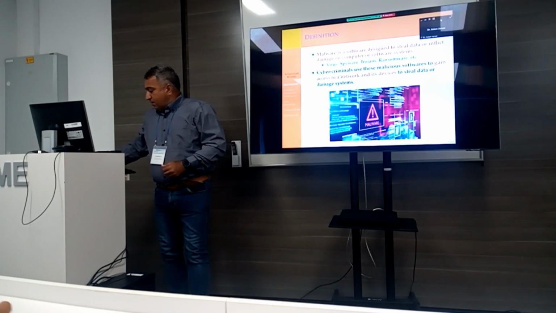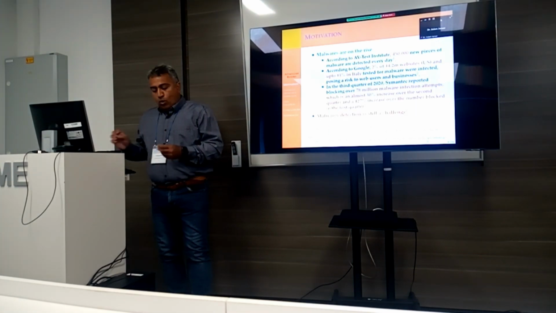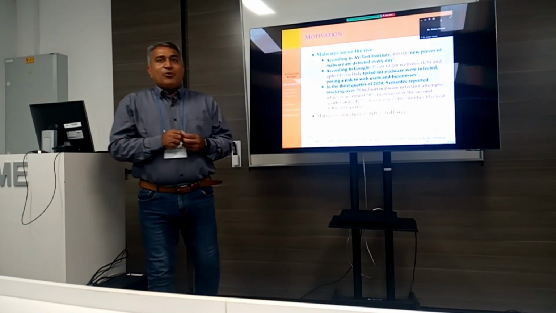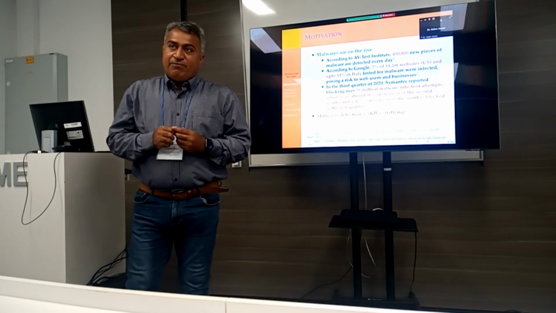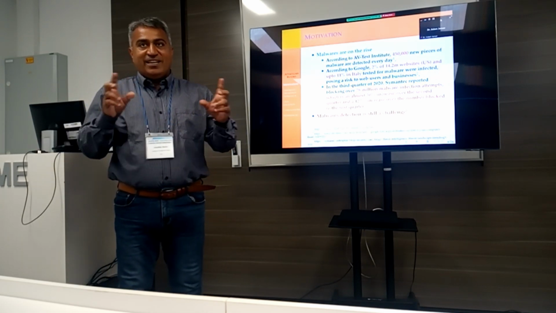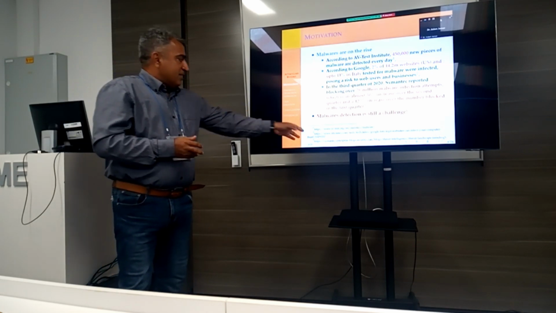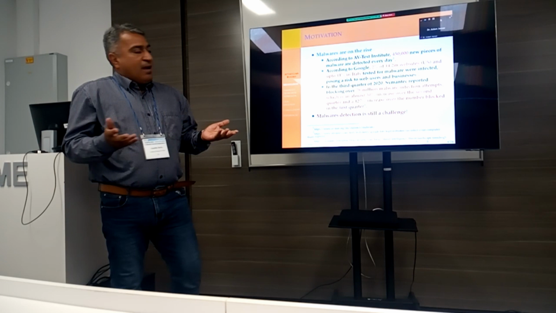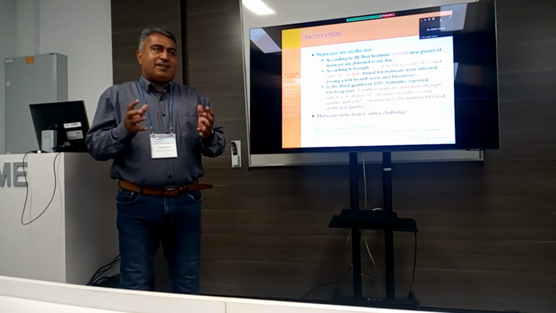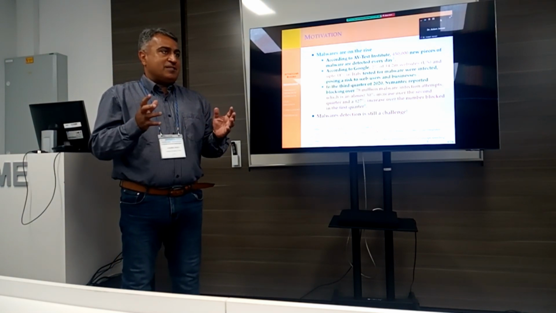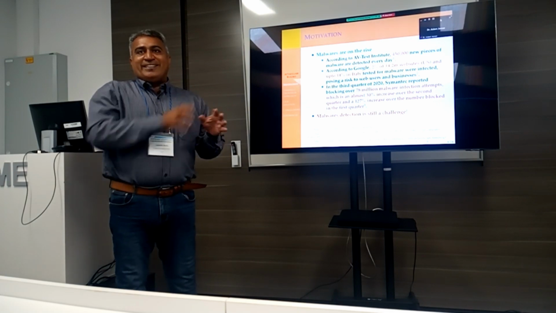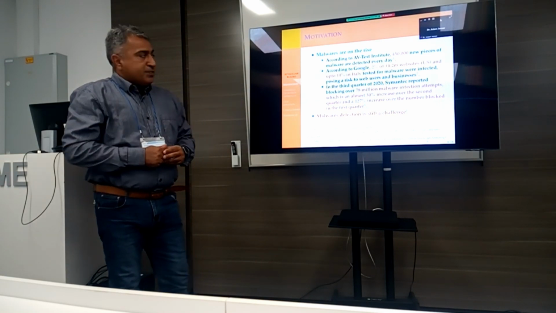Now, this is the motivation: 450,000 malware variants are produced every day. And this study shows that with 450,000, it's really impossible to design an antivirus software that tackles all of these malware variants.